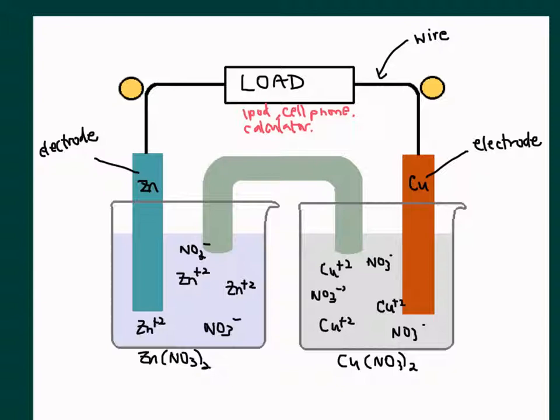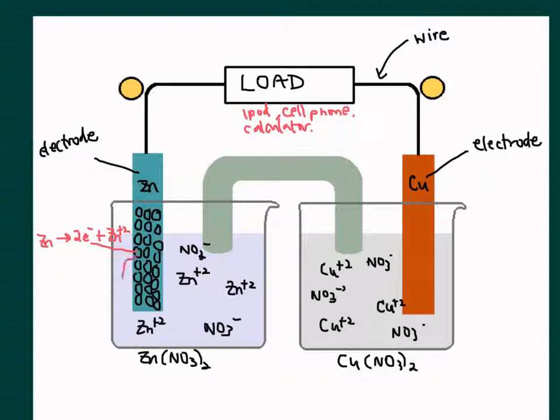So the way that this battery would work is our zinc electrode is made of a whole bunch of zinc atoms. And we decided in the overall equation from before that zinc was being oxidized. So those zinc atoms are going to lose 2 electrons each to become zinc ions.